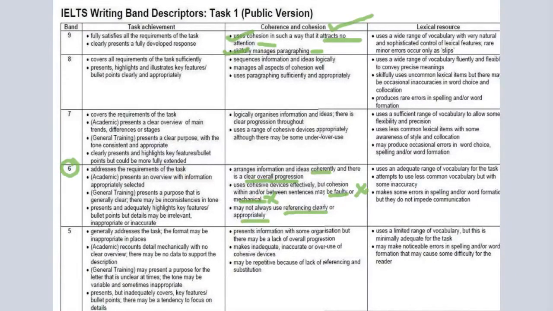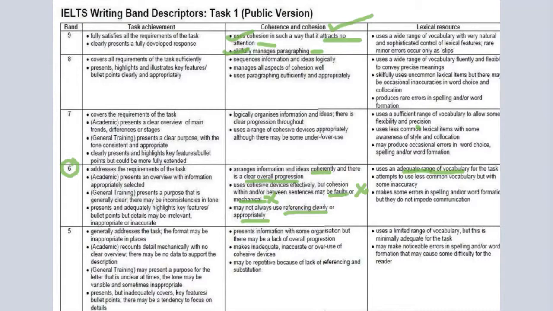Okay. Next up is lexical resources. The 6-band score says, if you look here, uses an adequate range of vocabulary for the task. So your range of vocabulary is adequate, it's decent, but it can be better.